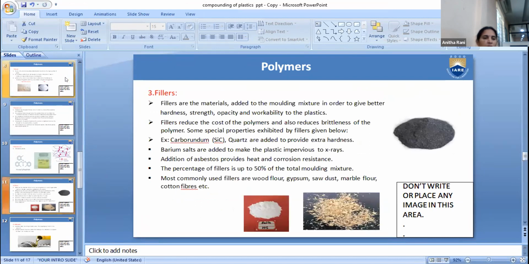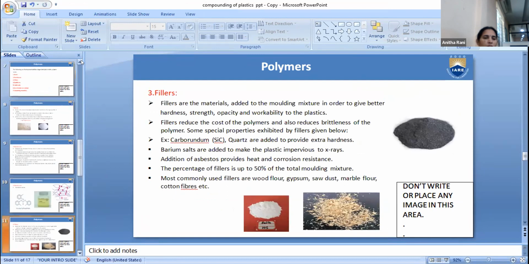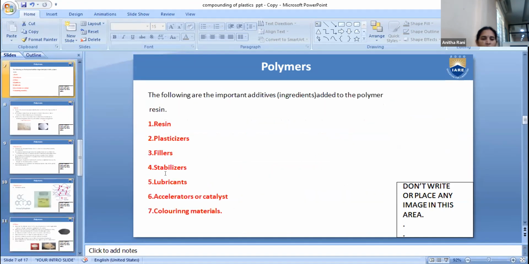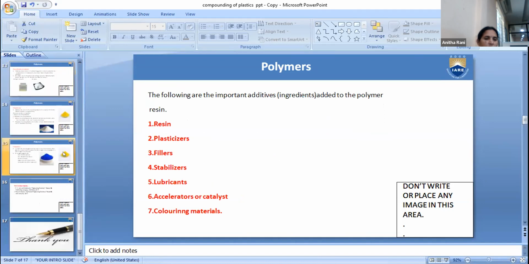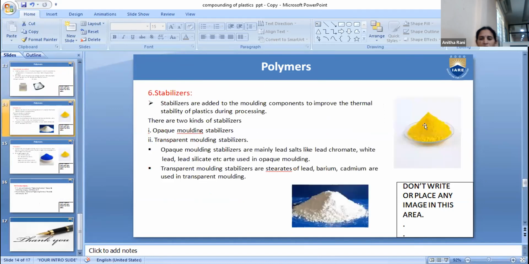After that you add stabilizers, for example lead chromate.